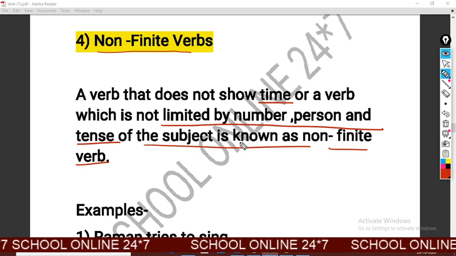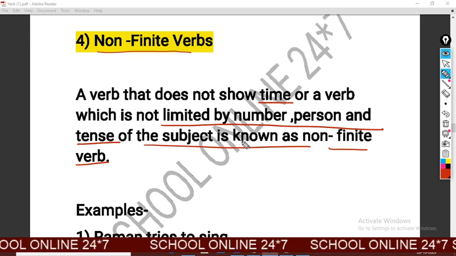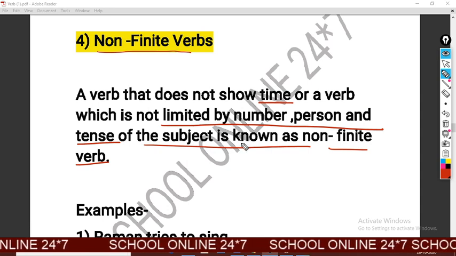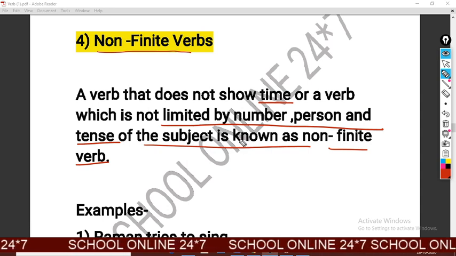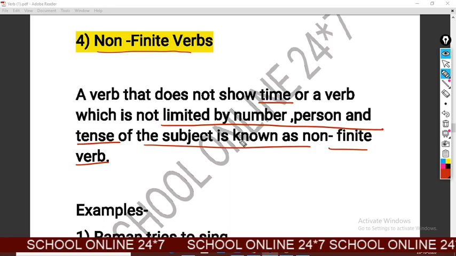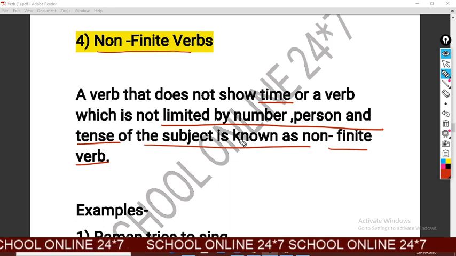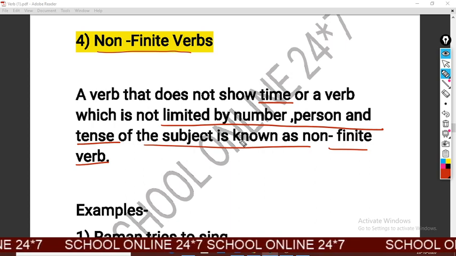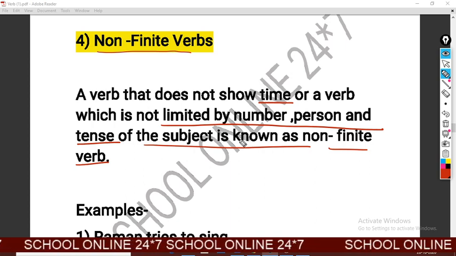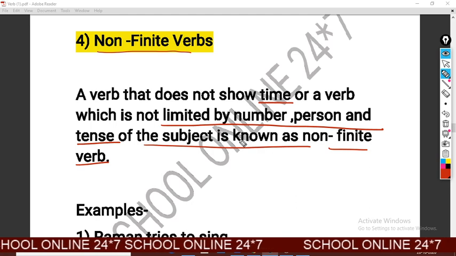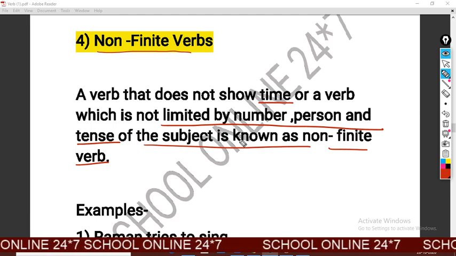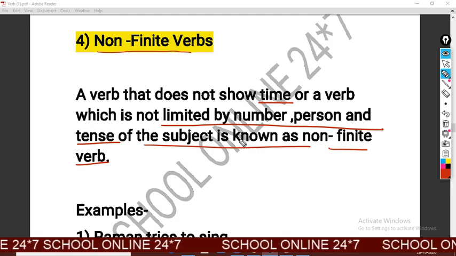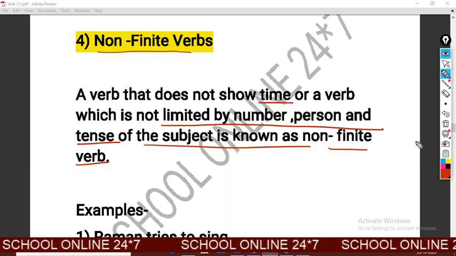These types of verb we can use without limitation, and in finite verbs we have some particular limitation of the use of those types of verb. Means I'm talking about the finite verb, and in the non-finite verb it has no limitation of number, person, and tense also.